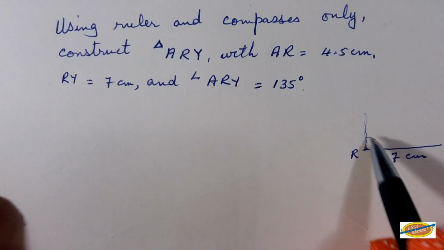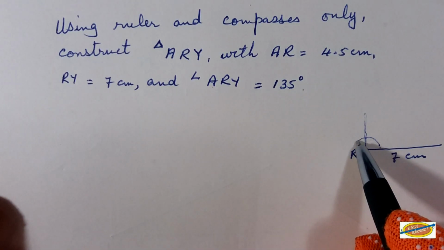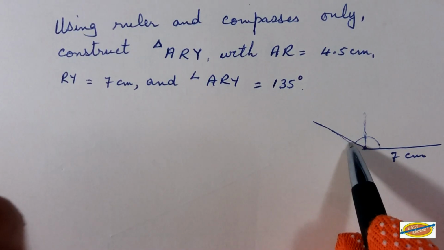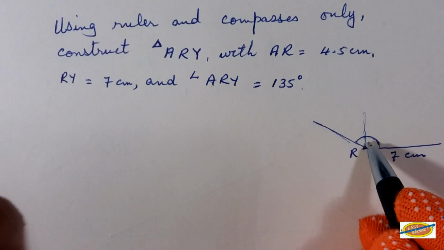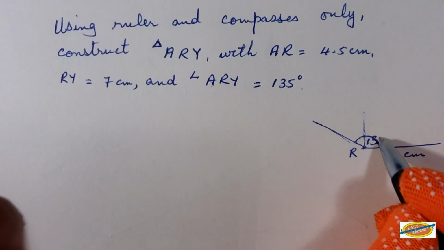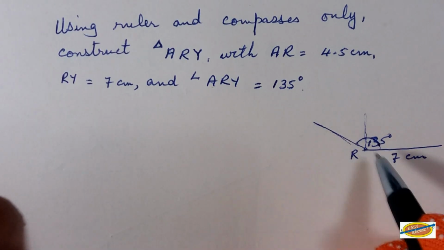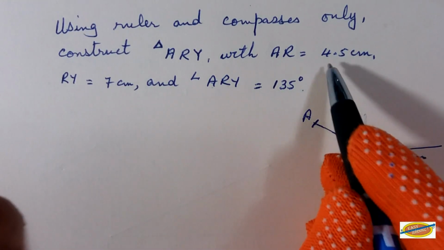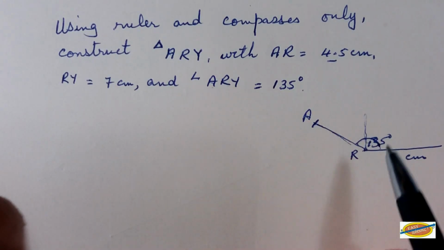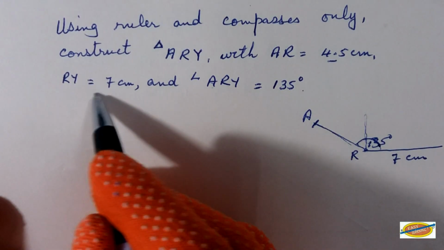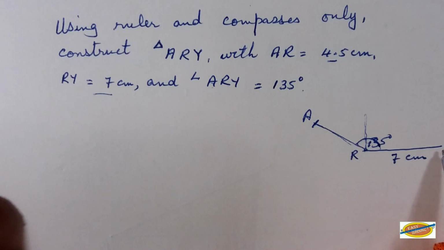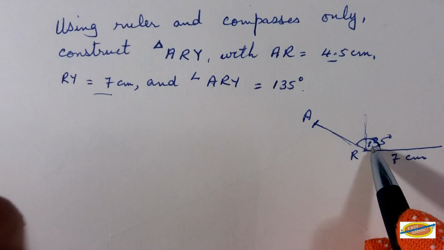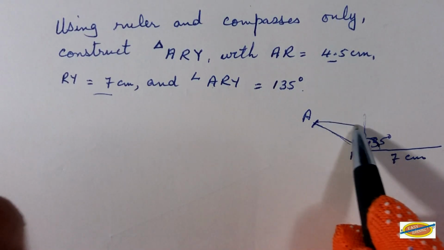We need an angle that is 135 degrees. Now that will give us 90. So our angle would be somewhere over here, 135 degrees, and this side will be A. So AR 4.5 centimeters, RY 7 centimeters, and angle ARY 135 degrees.